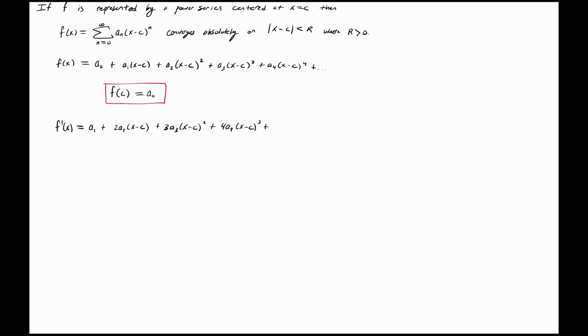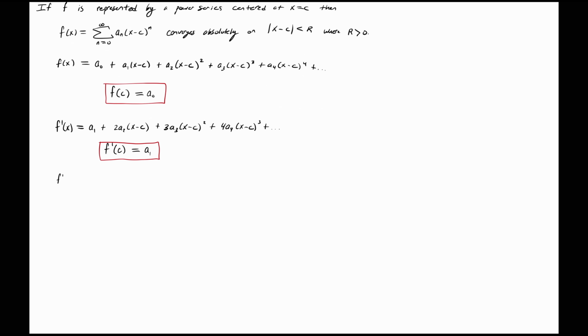And then, of course, our dot dot dots. So now, if I plug in c here, again, notice that these terms would go to 0, and only the a1 would survive. So f prime of c is a1. So another coefficient we found.